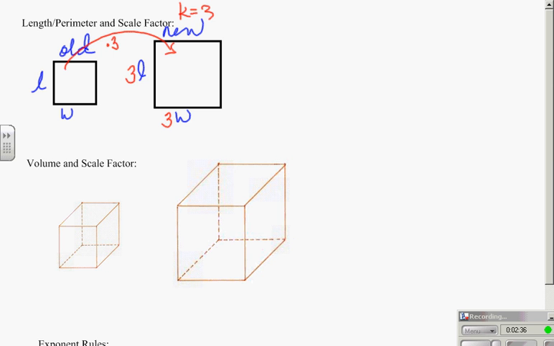That means that my dimensions are really 3L and 3W. So when I go to look at a length comparison, new compared to old, and you cancel your fractions, you can see it's 3/1. It is my scale factor. That would work the same if I did perimeter.